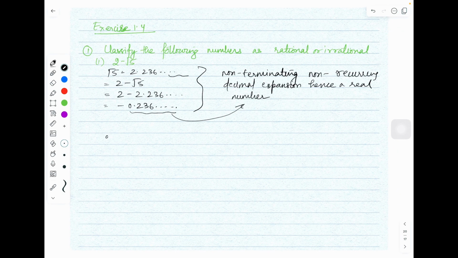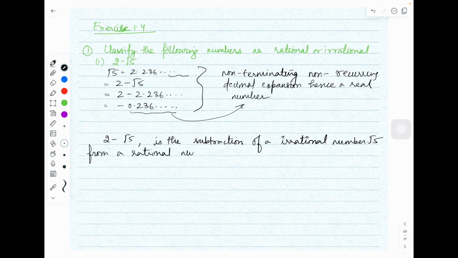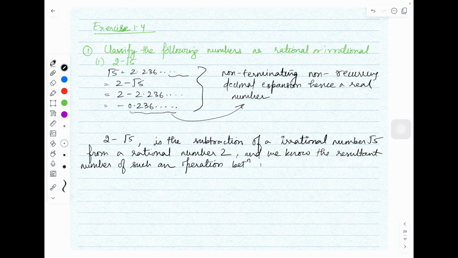You can write: 2 minus root 5 is the subtraction of an irrational number root 5 from a rational number 2, and we know the resultant number of such an operation between a rational and irrational number is an irrational number.